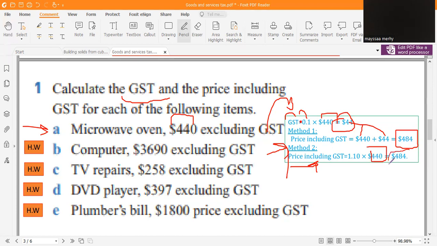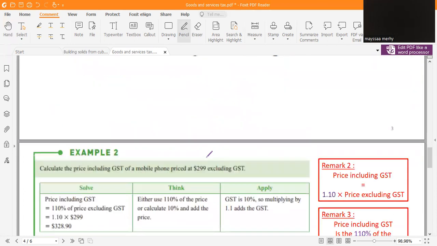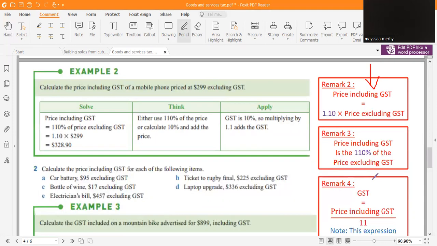We will obtain $484. Easy. We can use this remark to have an overview of the main ideas of this section.